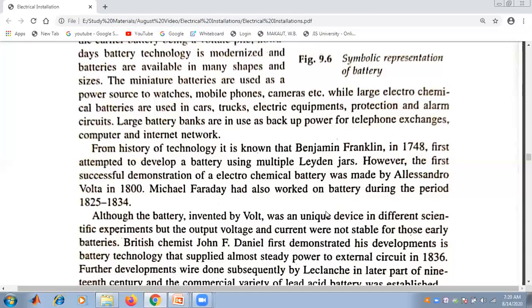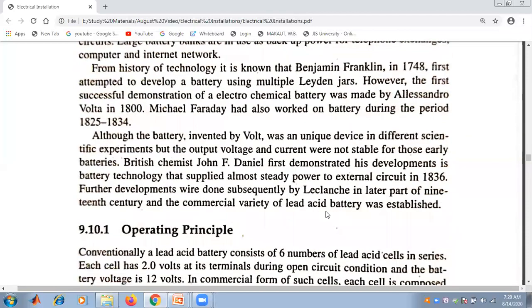Michael Faraday also worked on battery during the period of 1825 to 1834. Although the battery invented by Volta was a unique device in different scientific experiments, the output voltage and the current were not stable for those early batteries.